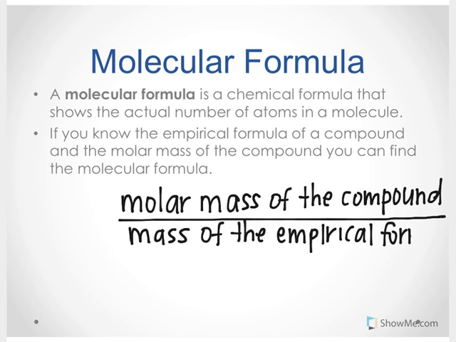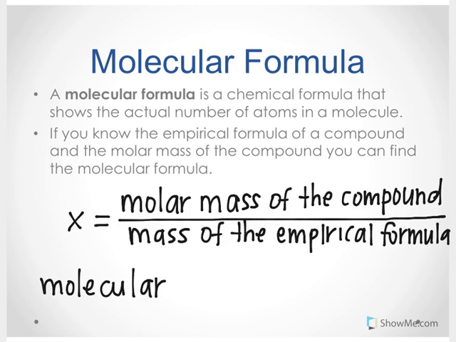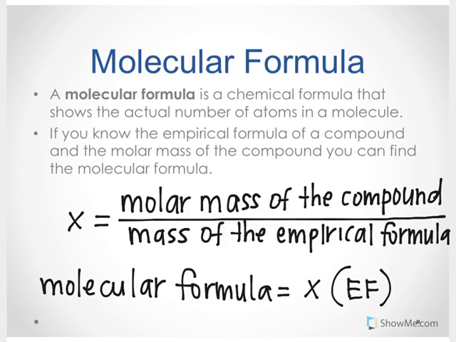When you divide these two, you will get a whole number, which we'll call x. What x tells you is how many times larger the compound is than the empirical formula. And so in order to determine the actual molecular formula, you will take the value x and multiply it by the empirical formula, which I'm just going to abbreviate EF.